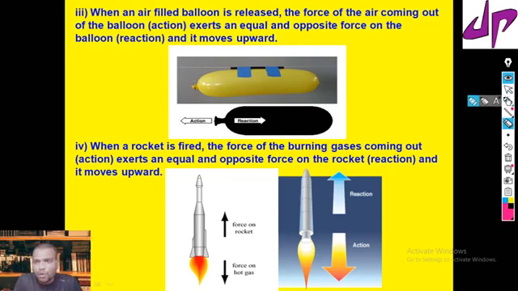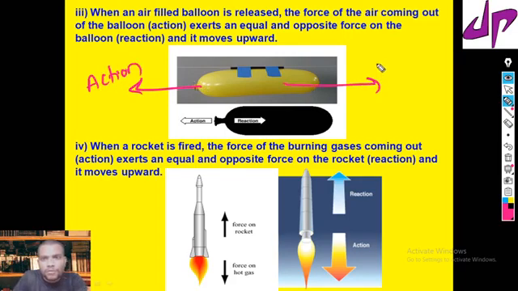We can do one small experiment similar to the rocket here. Suppose I have a balloon. This is an inflated balloon, tied to a rope with the help of a straw. The air is pushed in the backward direction, if you consider this as action, and the balloon will move in the forward direction, this is reaction.